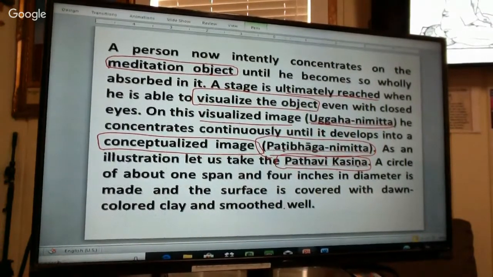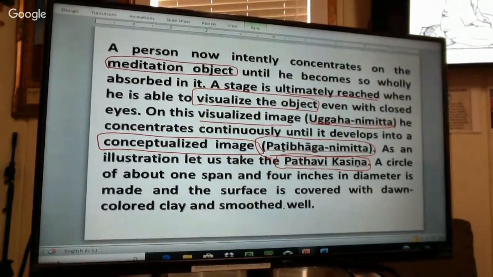Again and again, you look at it like this, and in your mind you say "Pathavi, earth," practicing like this. And sometimes you close your eye. Maybe that similar object appears in your mind. That object we call Ogaha Nimitta, the virtual image, first.